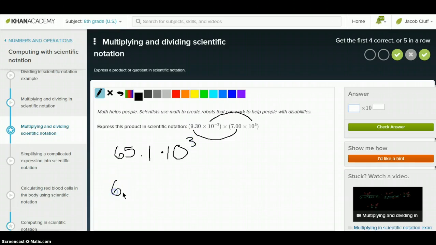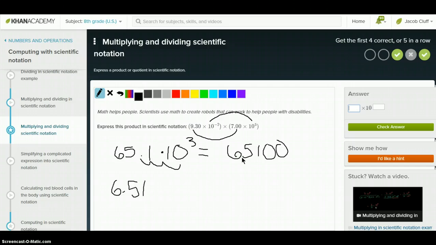Alright, and this is similar to a few problems ago. So we're going to have 6.51. So this decimal place is going to have to move an additional place over. So if this is what we got here for our product, then if this place moves 3 places over, that's going to be 651, and then it's going to be 2 zeros after that.